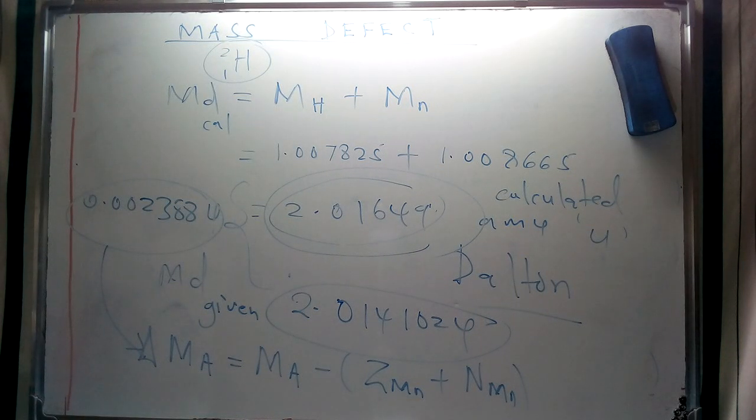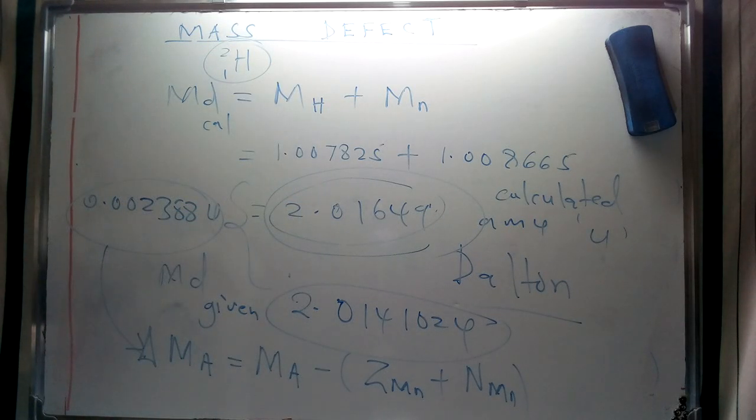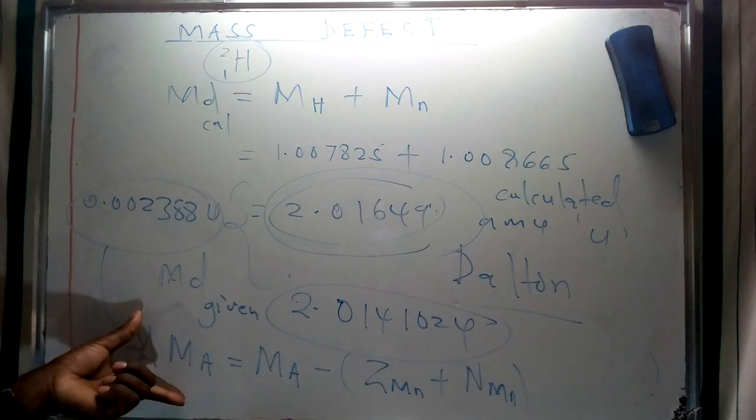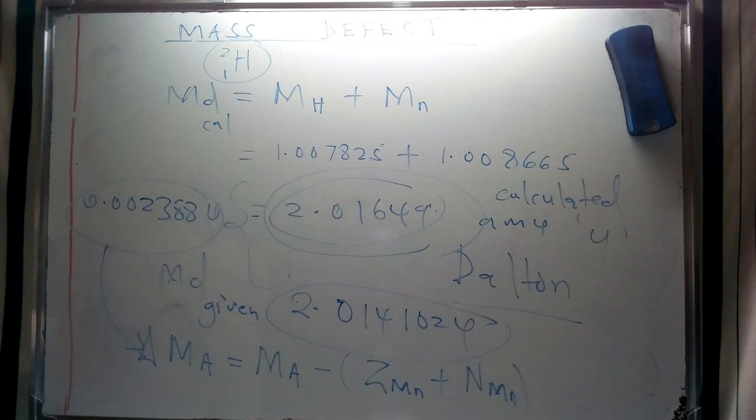So we can define the mass defect as the difference between the calculated mass, from the protons and the neutrons, and the measured mass of an element. This gives us a clue on what the concept of mass defect is.